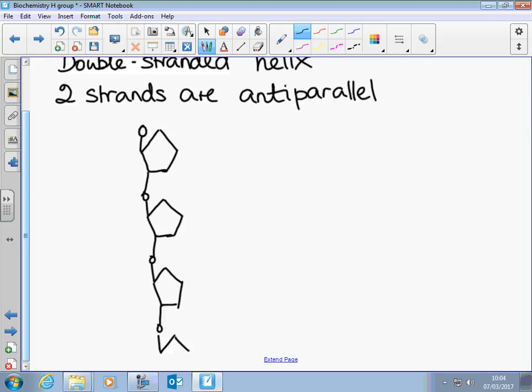And they would have bases sticking out. Let's say it's a single ring one there, and a double ring one there, and another double ring one there. It doesn't matter. All right, if that's one side, then the other side has to have bases which fill the space. So this one would have to have a double ring one. This would have a single ring one. This would have a single ring one. All right, so far so good.